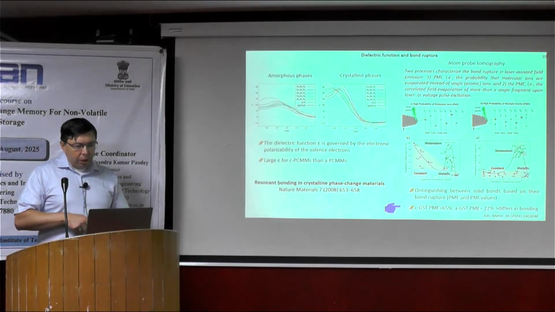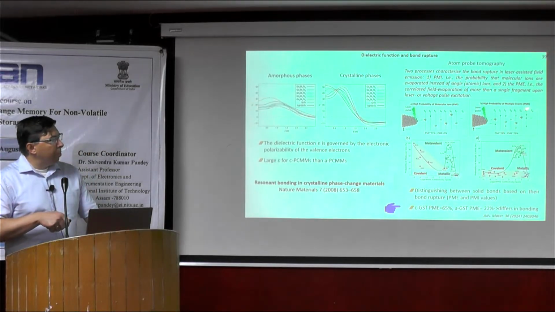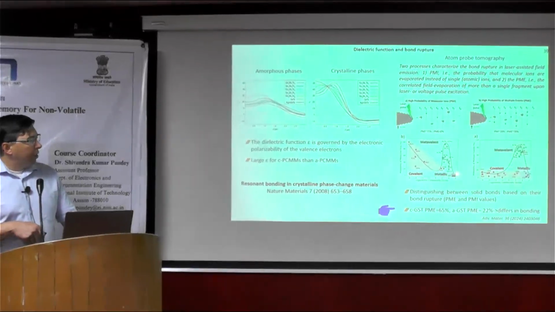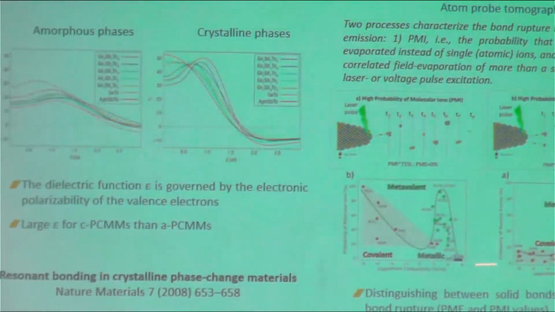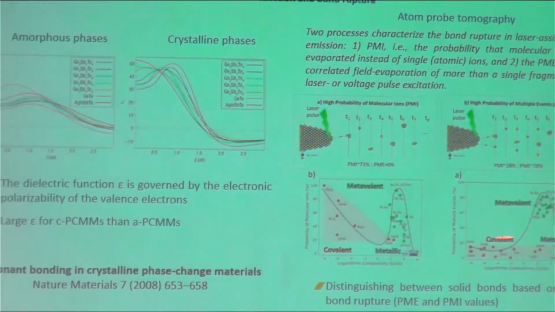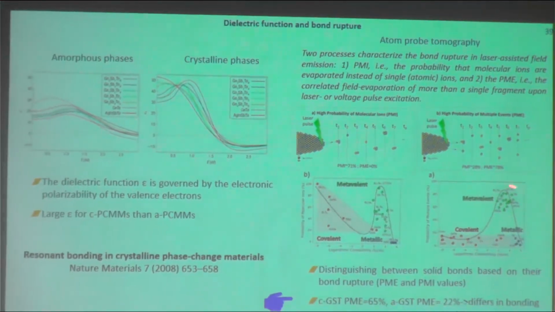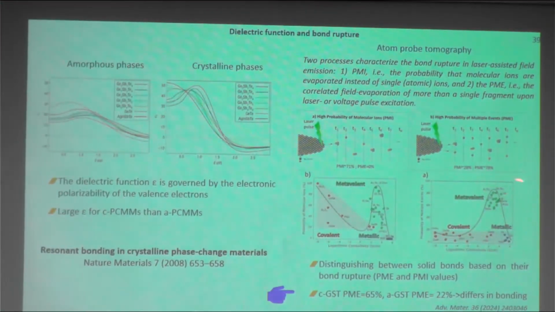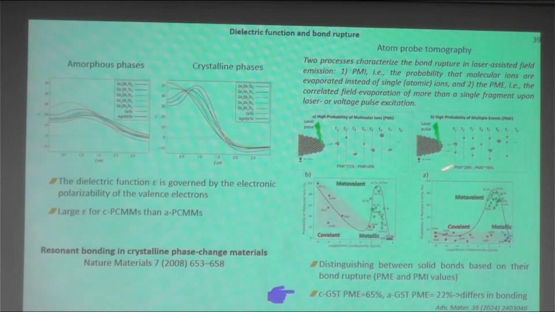But if you look at the second process, PME, we can see nicely that covalent and metallic solids give only about 20% of this event, while the phase change materials show a much higher event probability than normal covalent or metallic solids. This is also a nice technique because it shows you the rupture of bonds.